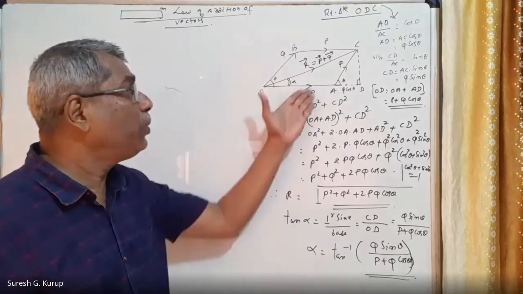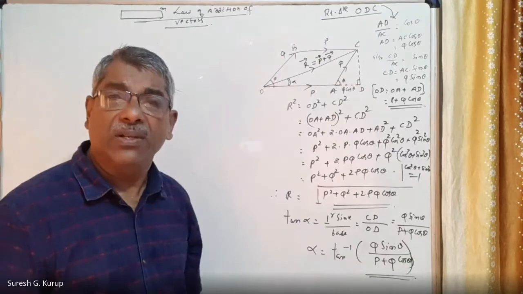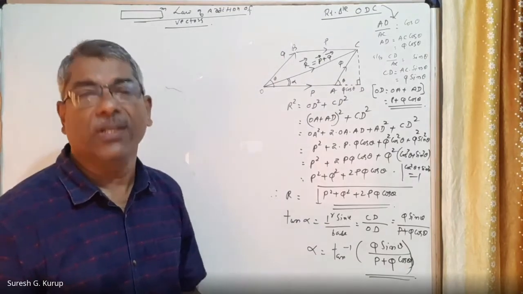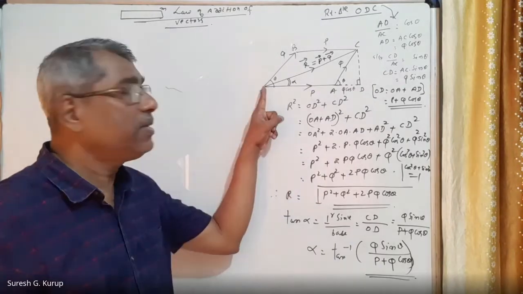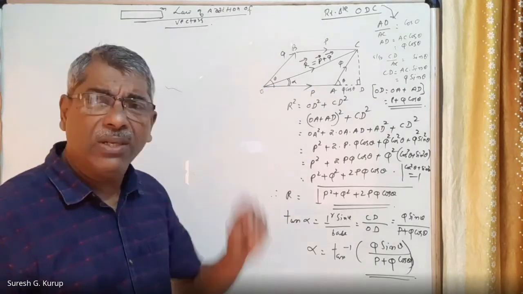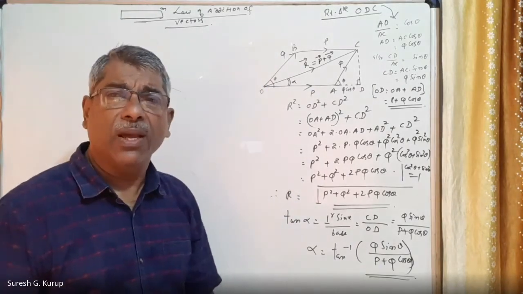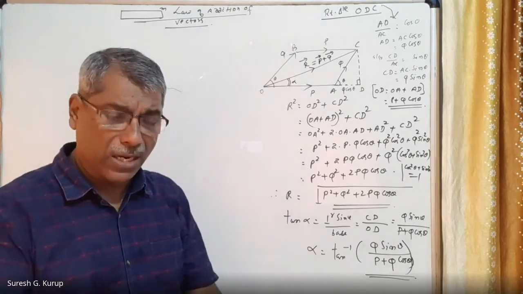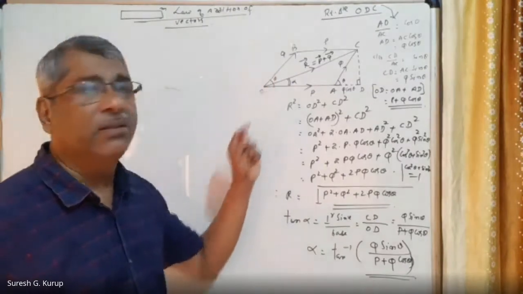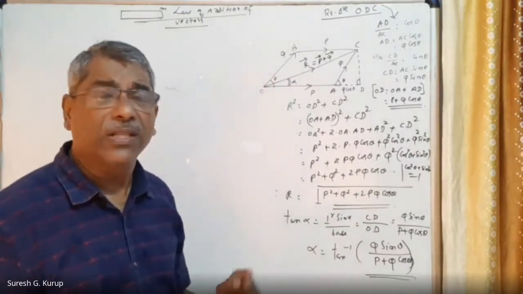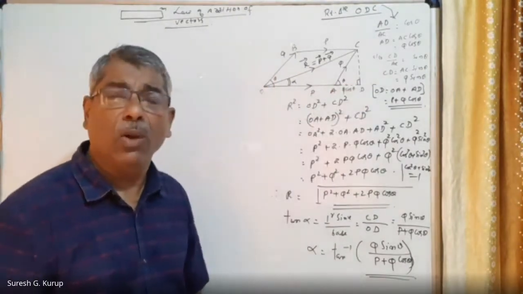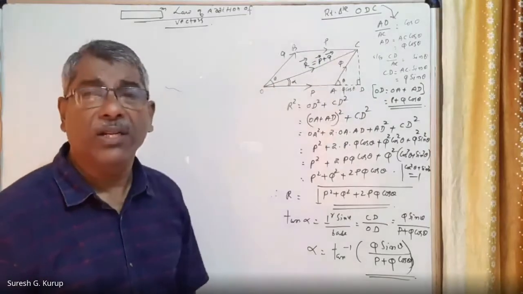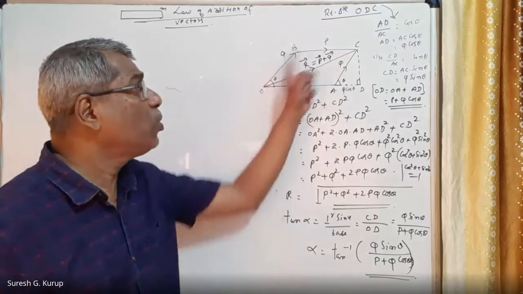P and Q are vectors, in this case forces. On a plane surface, on the table itself, we can keep an object, tie it with two ropes separately and pull it, making an angle theta. Then the object moves along the direction OC. So what is OC in this case?